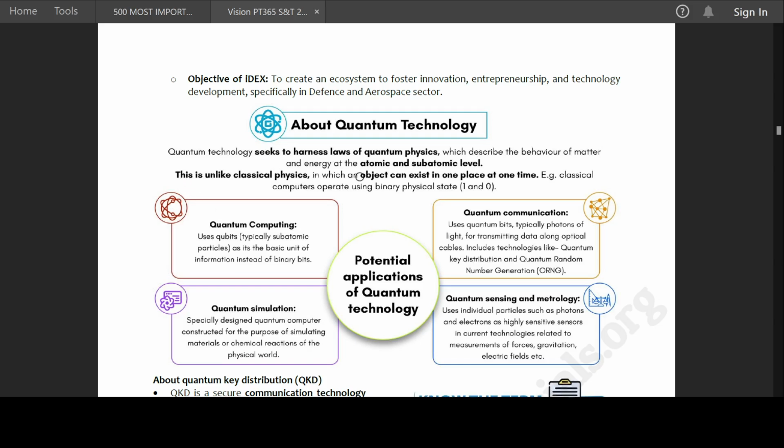This is unlike classical physics, in which an object can exist in one place at one time. Quantum computing uses qubits, typically subatomic particles, as the basic unit of information instead of binary bits.